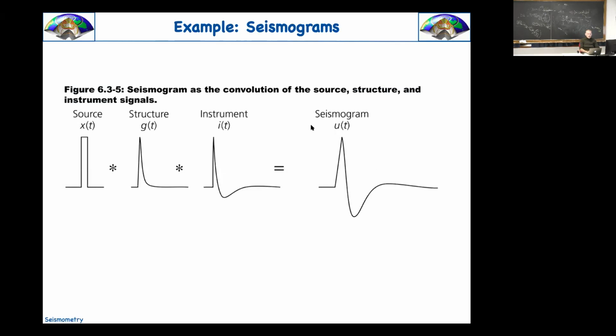And what we are recording is this. So the first step to be taken is to deconvolve for the response or the transfer function of an instrument. But we know that because we built it. Could be hard, old instruments. Could be easier, broadband, let's say it's flat. But if we know the impulse response of an instrument, we can deconvolve and get the seismogram and move on to study the source or the structure.